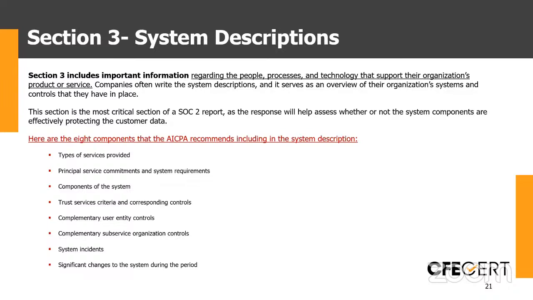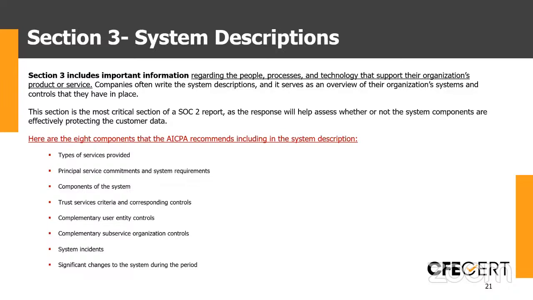Complementary user entity controls are, if I'm a service organization providing certain services to my user organization, in order for my services and my controls to operate effectively, there are certain controls which should also be in place at the user organization.